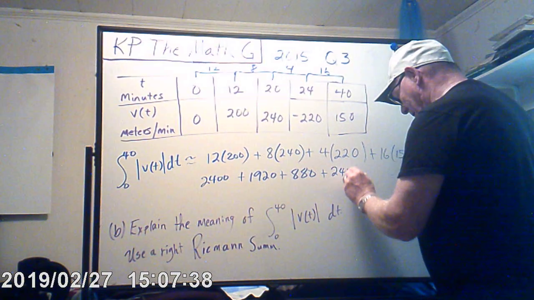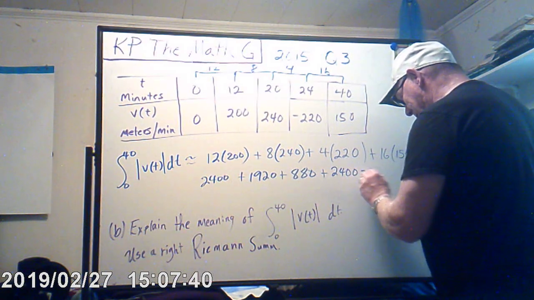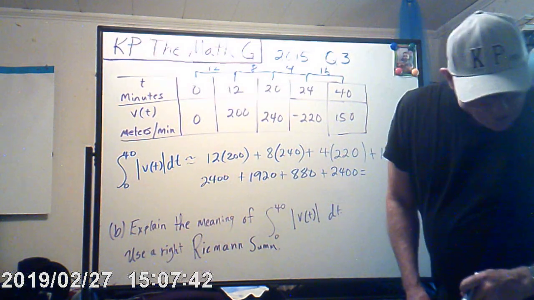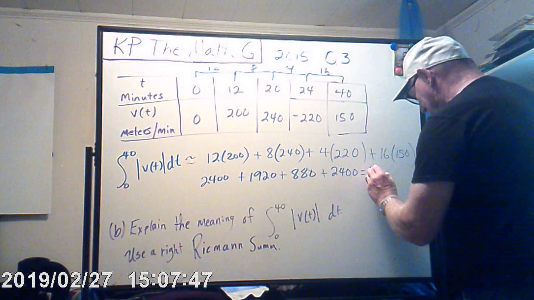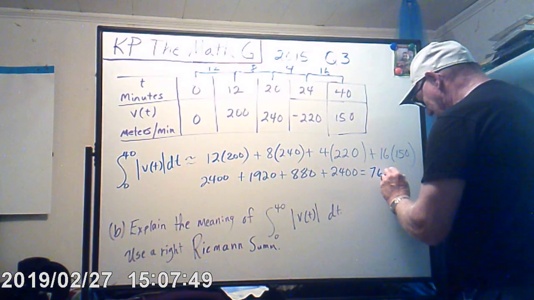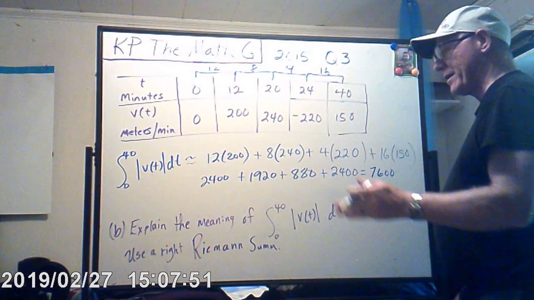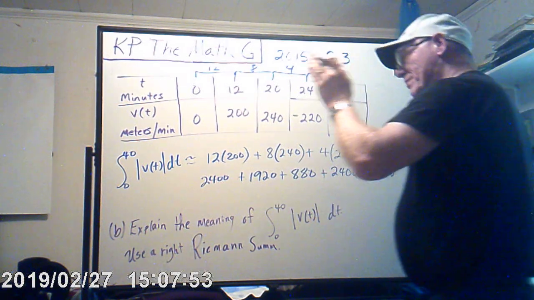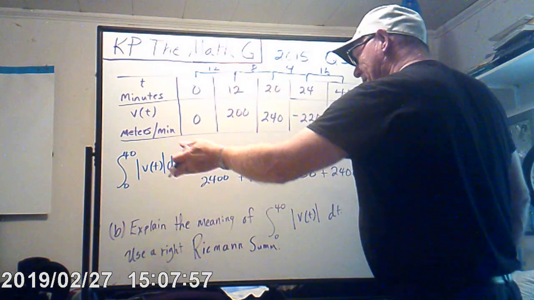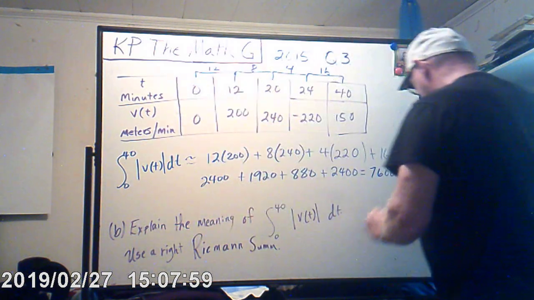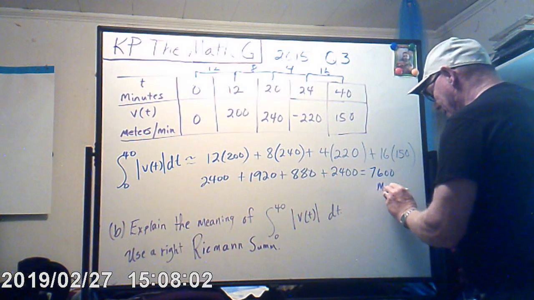And when you add all of this up, it is 7,600. Now you want the right units. Since we're dealing with meters per minute, when you take the antiderivative, it's going to be distance. The distance is in meters, okay?